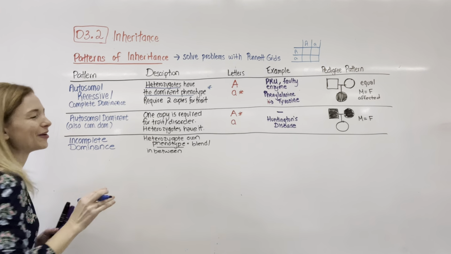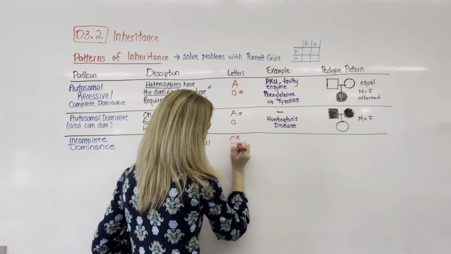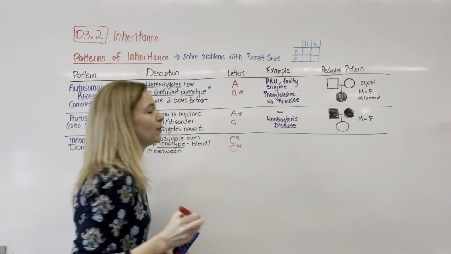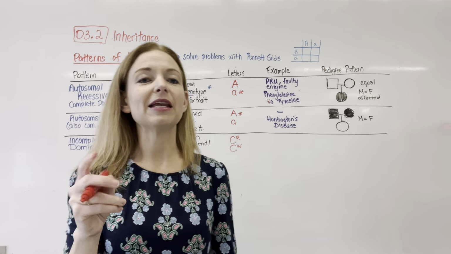So for this, we're using subscripts. So we're using like color red, color white. So we want to show that neither of them is dominant or recessive. But we want to show them on the same letter so that we show they are one gene. So that's the way we're going to notate that.